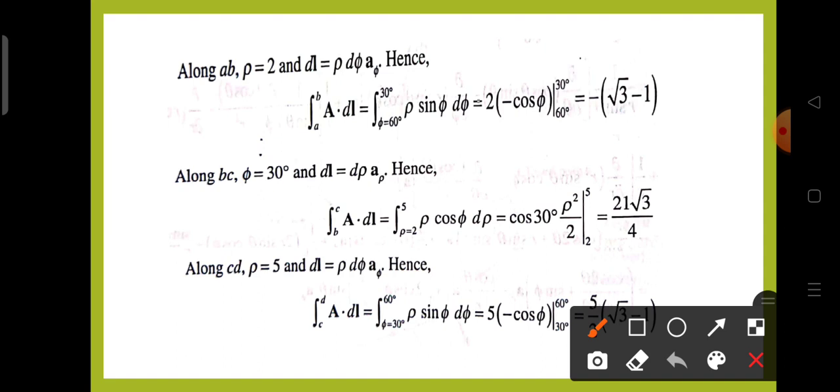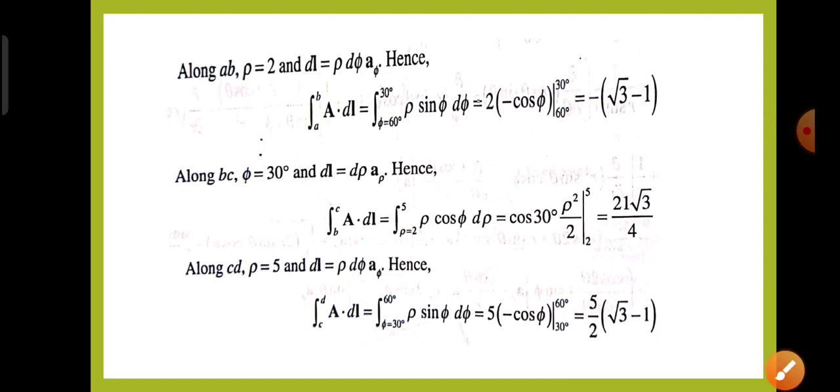For A to B, we will get the answer as minus of root 3 minus 1. Then B to C, we will get 21 root 3 by 4. In the CD path, we will get 5 by 2 of root 3 minus 1.